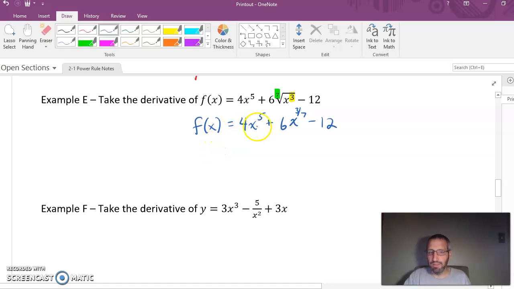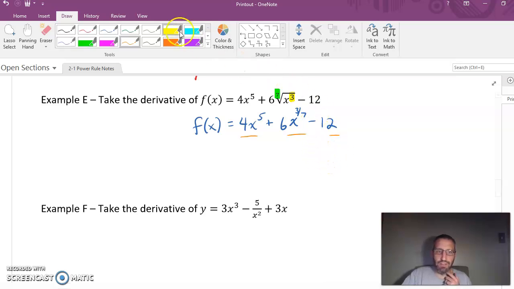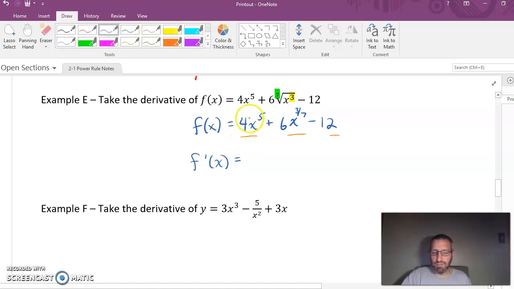Now that I've got it into my terms, right, I've got 1 term, 2 terms, 3 terms to take the derivative of. Now I'm ready to go, so now f of x becomes f prime of x, right, we're taking the derivative. And 5 times 4 is 20. X to the 5 minus 1 is 4th power.